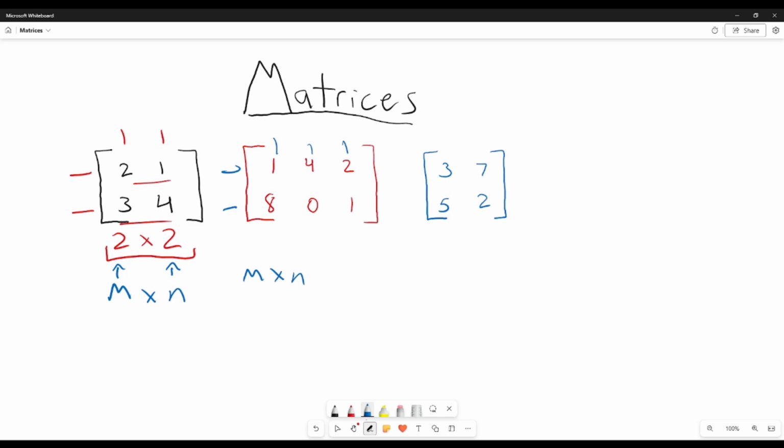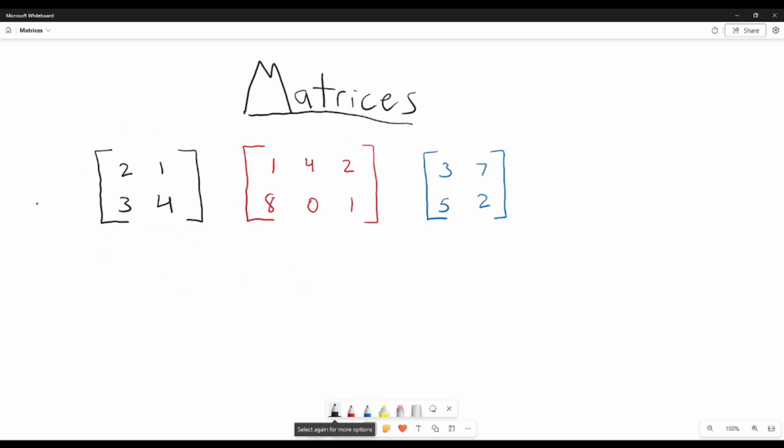If you have two matrices of the same size, you can perform addition or subtraction with those two matrices. For this example, I'm going to call this 2 by 2 over here A, and this 2 by 2 over here B. So to do A plus B, you simply add the elements that are in the same position.